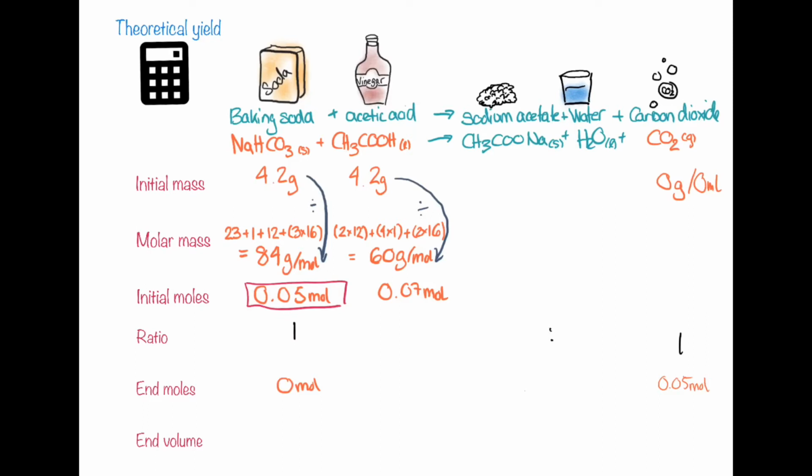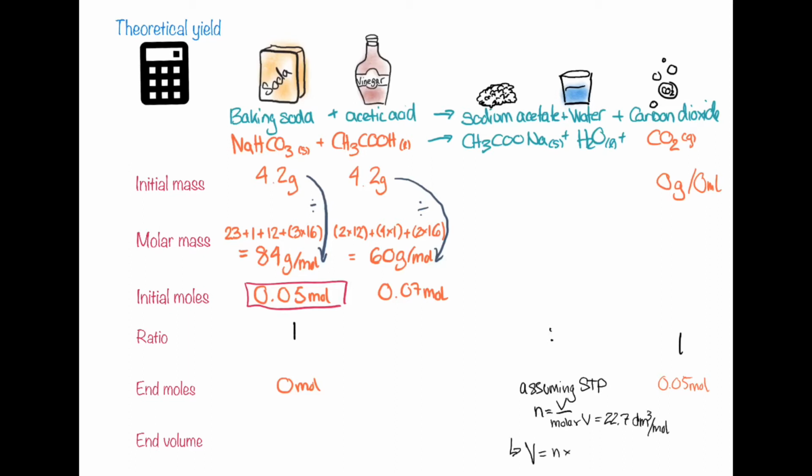You need to convert it to volume, and in that we're assuming that the reaction is at standard temperature and pressure. Under this assumption, we can apply this calculation where moles equals volume divided by molar volume. Molar volume is 22.7 decimeters cubed per mole for any gas.